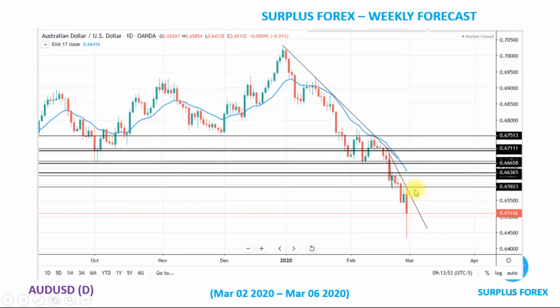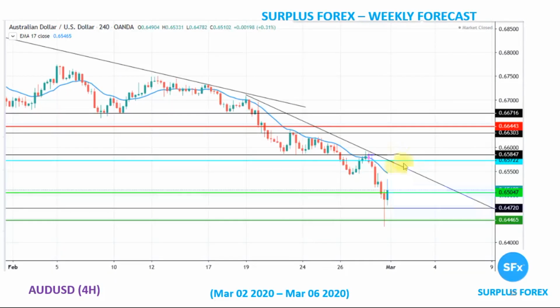Another one is that though an RBA decision and GDP are coming out for Aussie, coronavirus is still dominant out there in Asia Pacific, so prices are falling, so I expect it to be bearish. So let's see how I'm taking my entries on Aussie USD 4-hour chart.